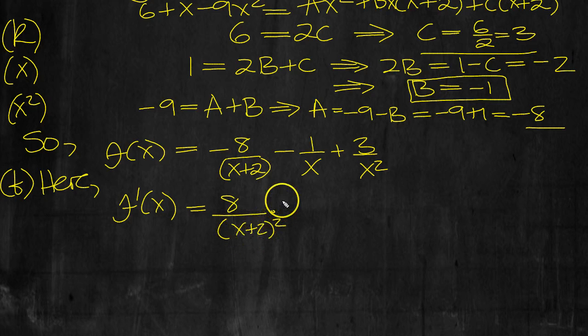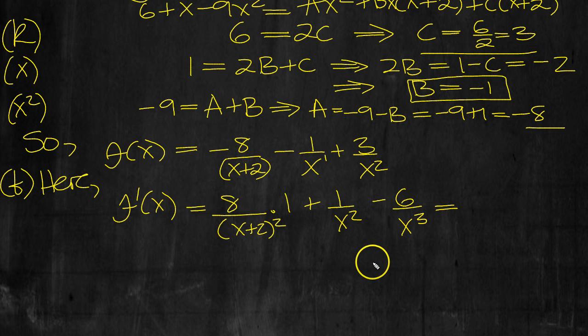Multiplied by the something differentiated. So the minus 1 power comes here to make 8 over (x + 2)². Here, the same happens again. Minus becomes a plus. 1 over x to the minus 2, isn't it? This is a minus 2, making minus 6 over x cubed. Okay, so f'(x) is equal to that.